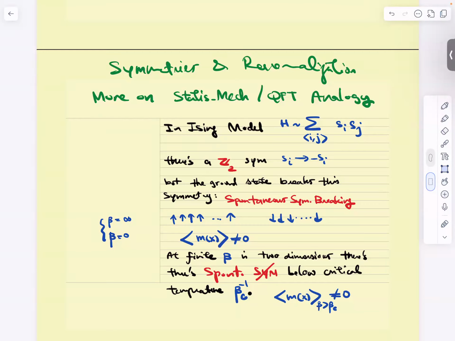It seems like you have to say at the outset that you want these symmetries to be respected. So, very good. What was a symmetry?